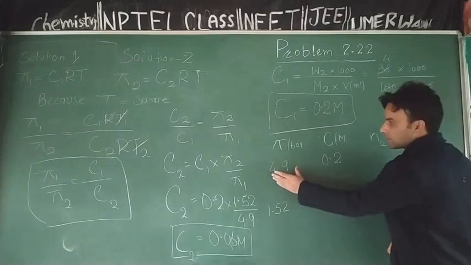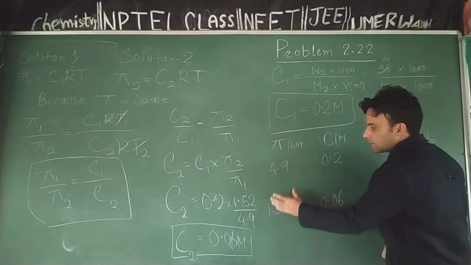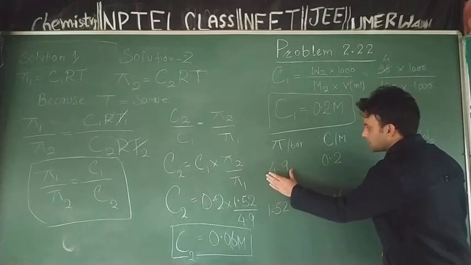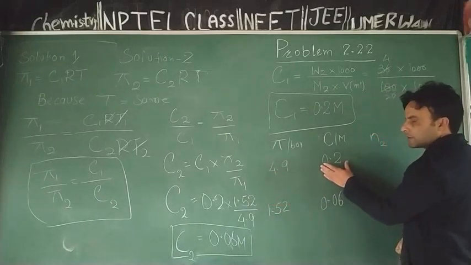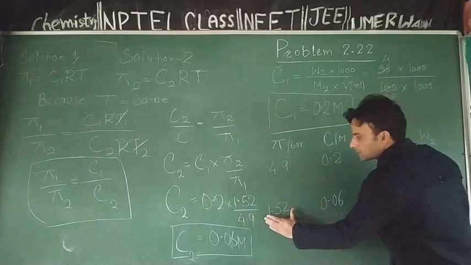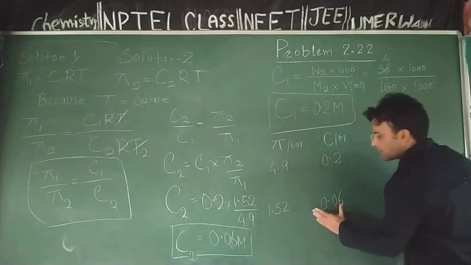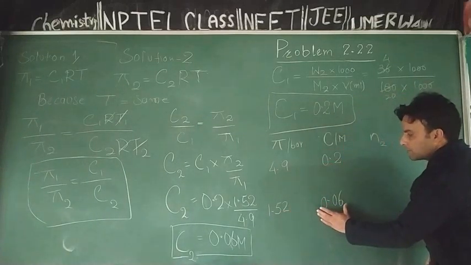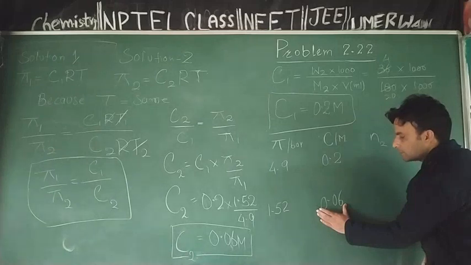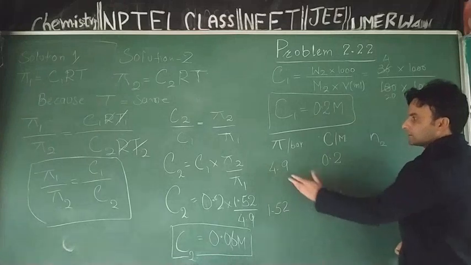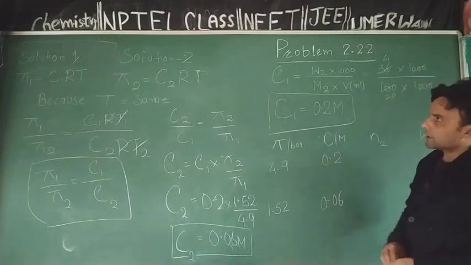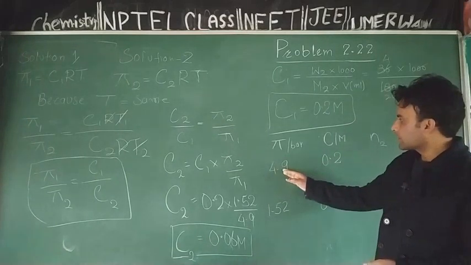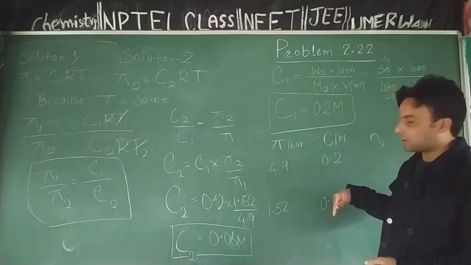Look here, greater the value of osmotic pressure is greater because molarity of solution, number of moles of solute in 1 liter of solution, are greater. Value of osmotic pressure is lower because molarity of solution, number of moles of non-volatile solute glucose in 1 liter of solution, are lower. This validates my statement that osmotic pressure of solution does not depend on nature of solute.